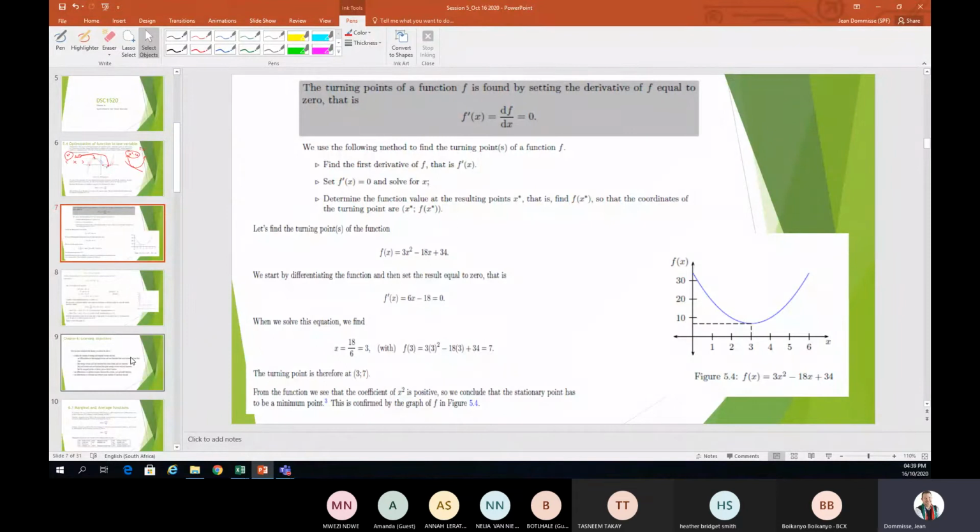So basically, it is the function of x is equal to minus b plus minus the square root of b to the power of 2 minus 4ac, divided by 2a.